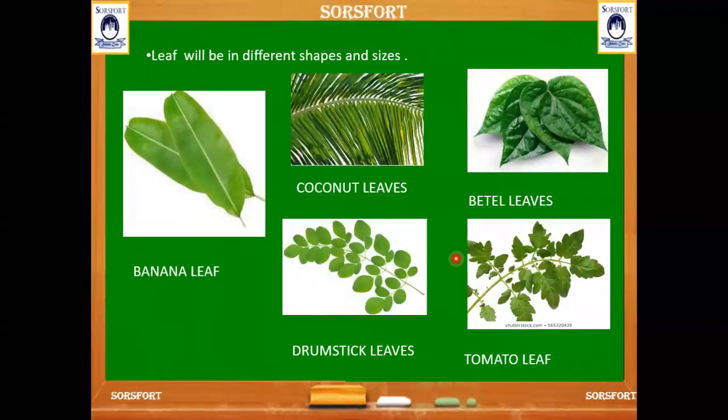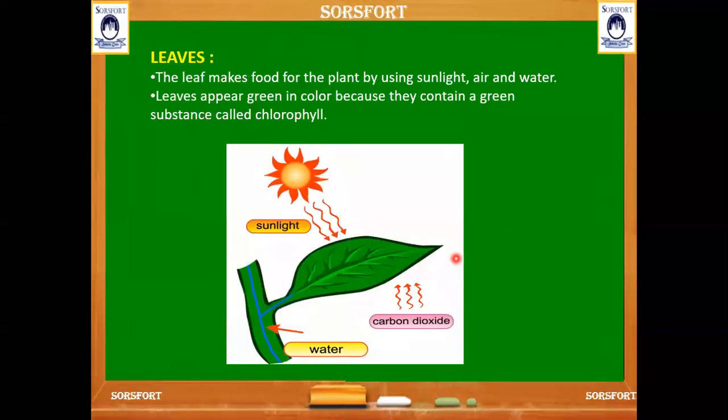Now we can see about leaves. The third part of the plant is leaves. And the leaves make the food for the plant by using sunlight, air, and water.